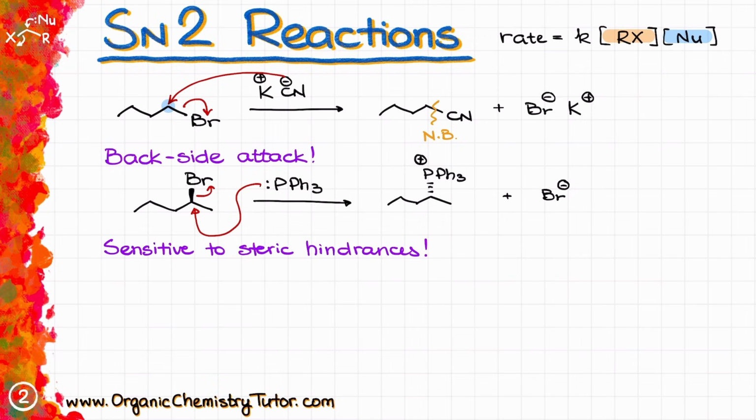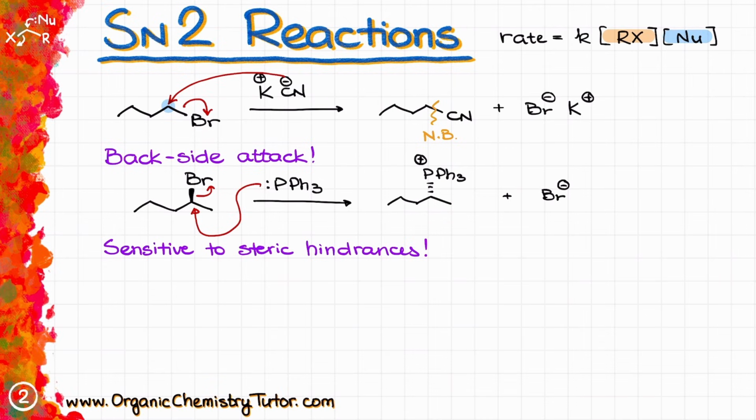The second important part about the SN2 reactions is that they are extremely sensitive towards the steric hindrances. The more stuff you have around your electrophilic carbon, the more bulky groups you have around that position, the harder it will be for the nucleophile to attack that position.